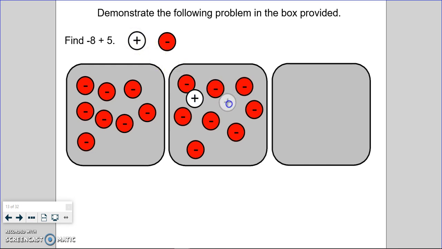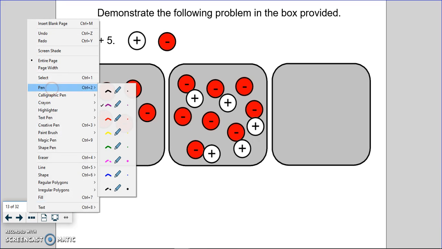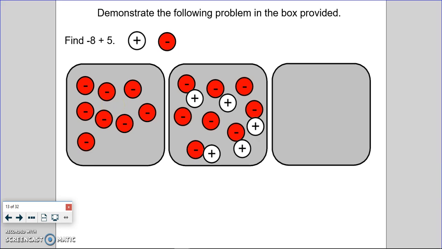So I'm putting those positives close to a negative that I can cancel it out with. 4, I need one more, okay? So now I have my 8 negatives, I have my 5 positives, and so I can now cancel out any zero pairs that can be formed.